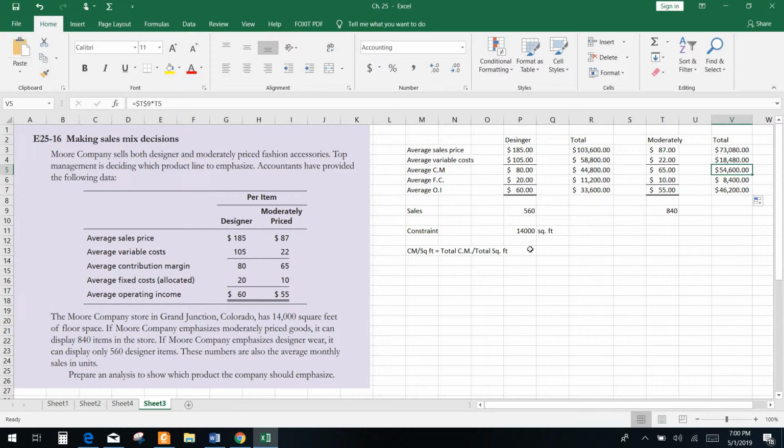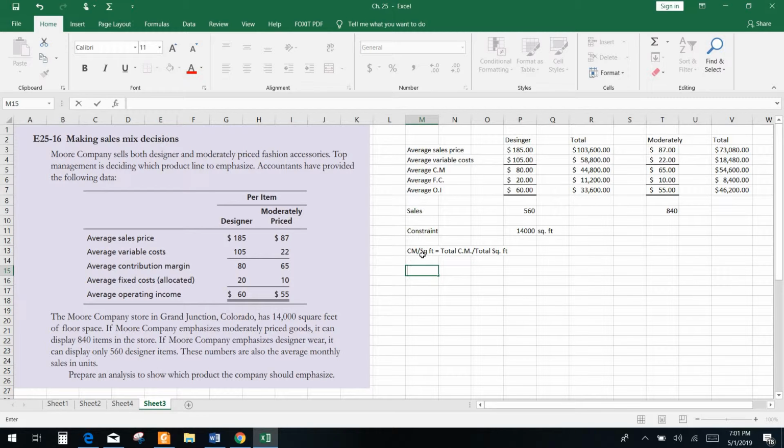So now, in order to complete the answer, we need to see not just the total contribution margin, but the total contribution margin divided by the constraint. The constraint, I've just written it right here, it's 14,000 square feet. I've written the formula here.